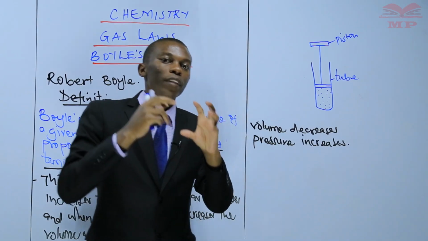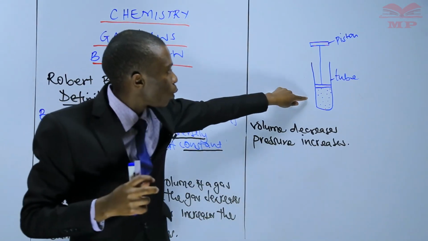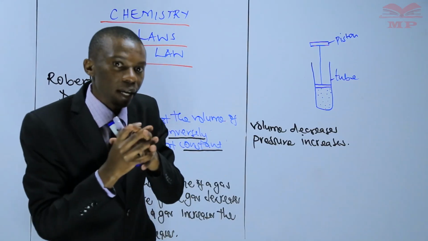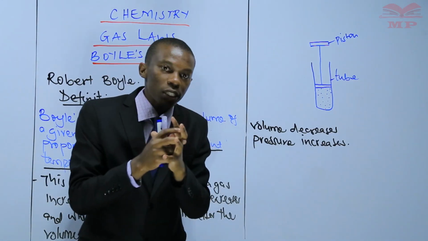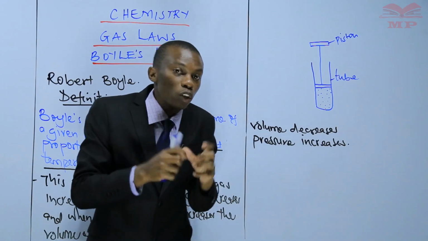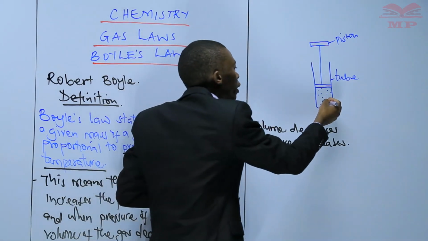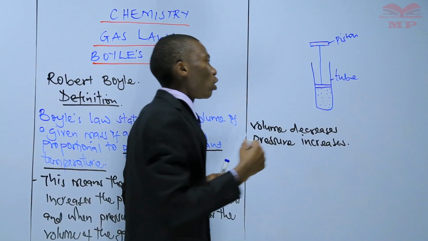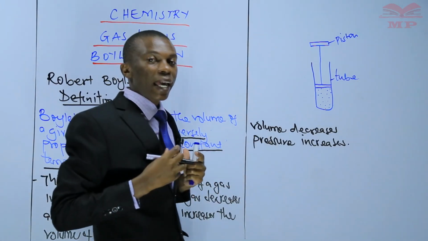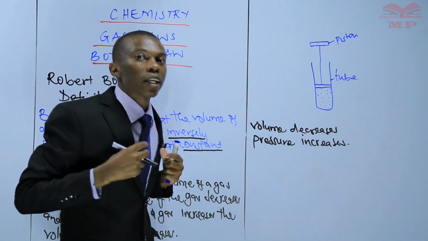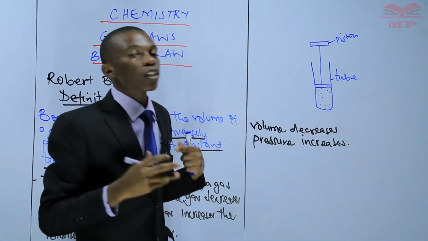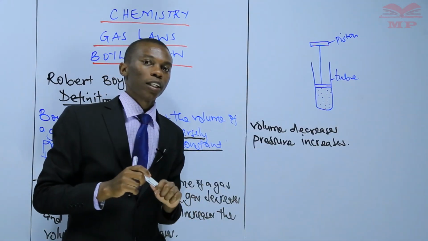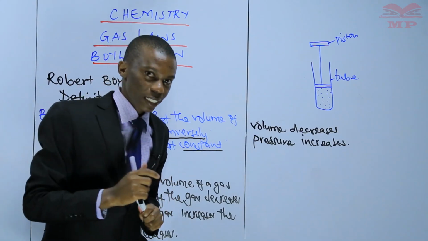The particles of air inside this tube become closer to each other, meaning that there are more collisions between these particles themselves and also with the walls of this tube. That is what is causing the pressure to increase.